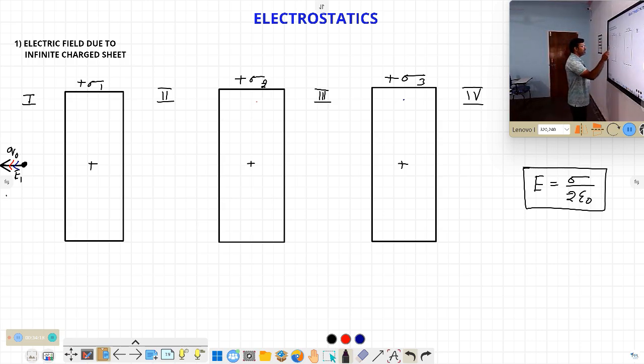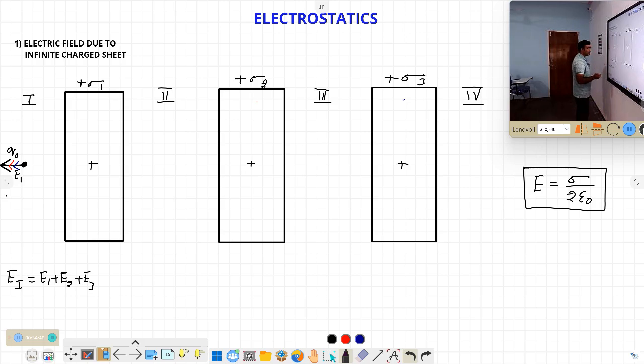So all 3 positive plates repel the test charge Q0 in the same direction. I can then write the electric field intensity in the first region as the field due to the first one plus the second one plus the third one.